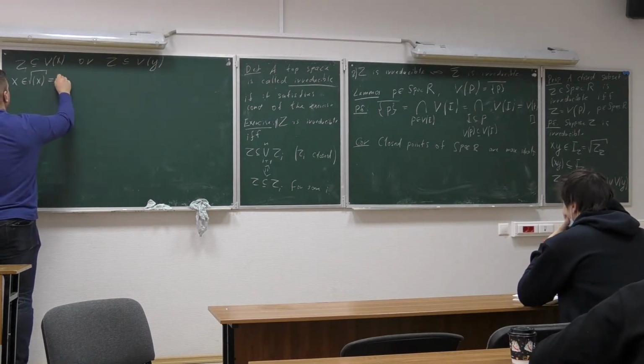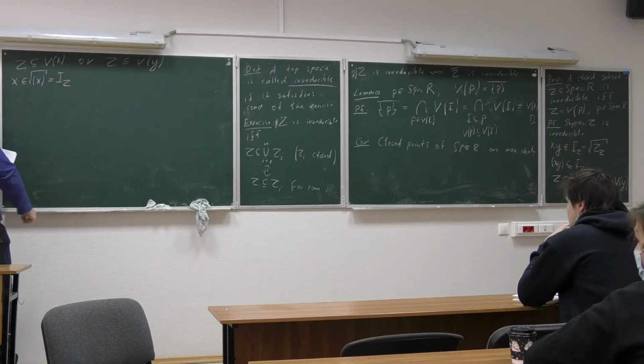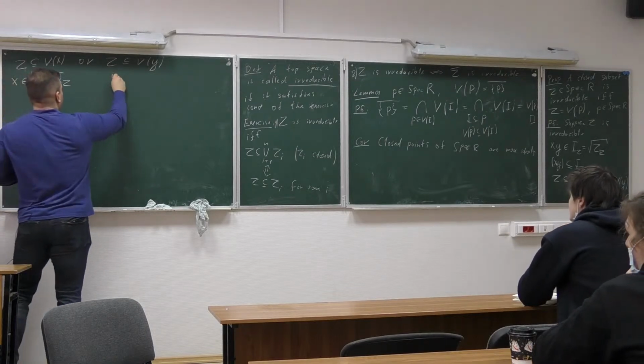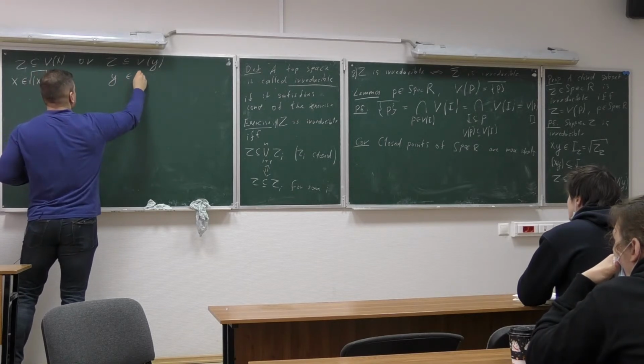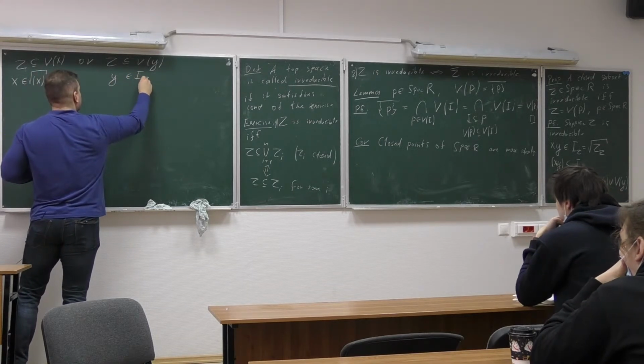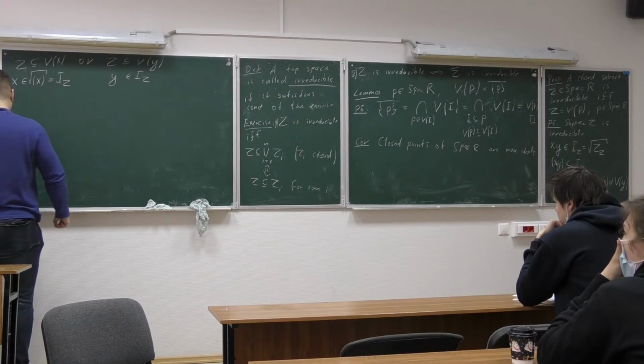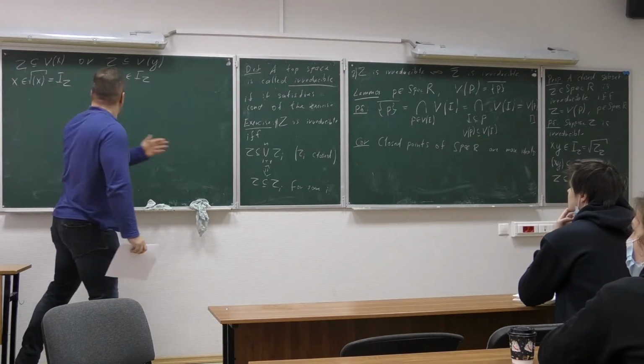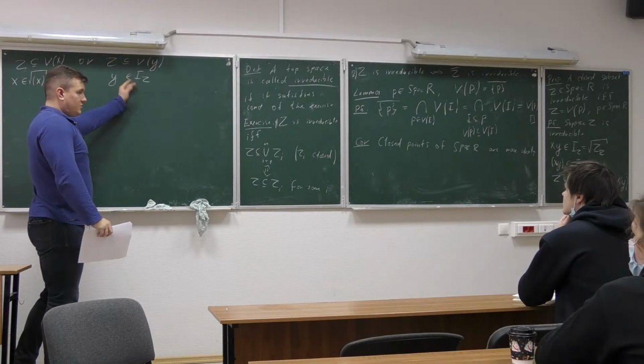Then this is the same thing as the I(Z). I don't need to take the radical here because this is already a radical ideal. So x is an element here. Or exactly by the same argument, y is an element in the I(Z). So if the product is in the ideal, x is in the ideal, or y is in the ideal. So the ideal is prime.